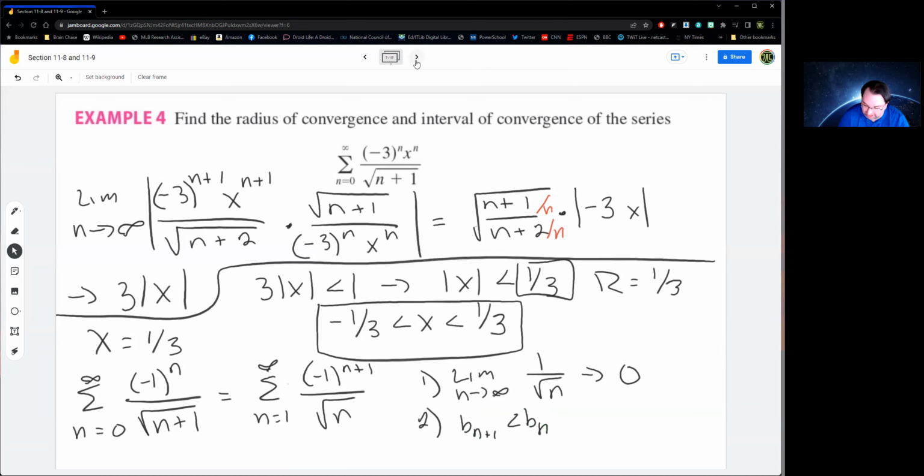So if we look at it, we have 1 over the square root of 3 is less than 1 over the square root of 2. That is also true, or equal to, I should say. So it fits both those criteria. So this is convergent at that point.